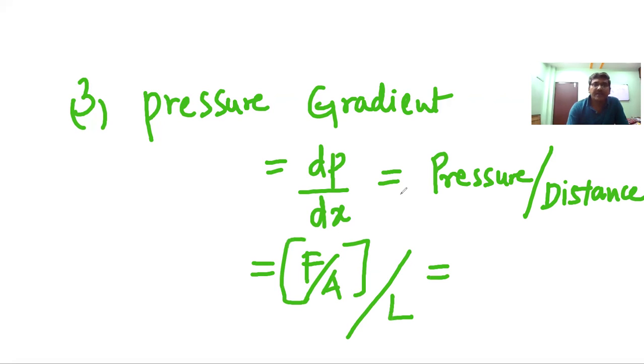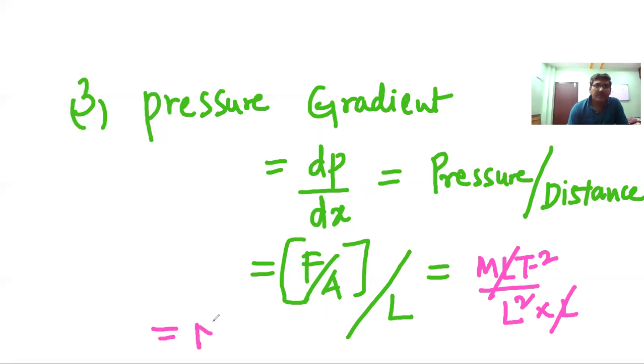Force is here. I put up the force as mass into acceleration, M L T minus 2. Area L square, L into L square. In the denominator, again, this is L. So one of the L will cancel. So pressure is equal to M, and if L comes up, L to the power of minus 2, T minus 2.